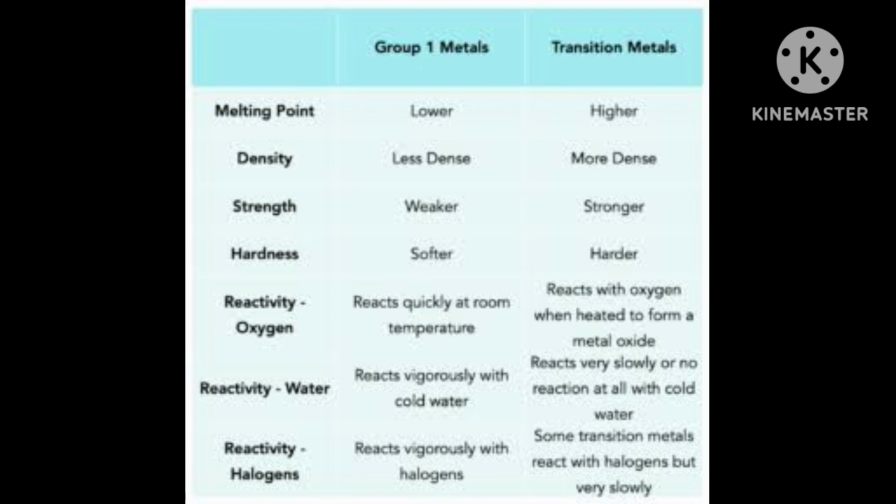The irregular variation is of ionization enthalpies and also the sublimation enthalpies, which are relatively much less for manganese and vanadium.